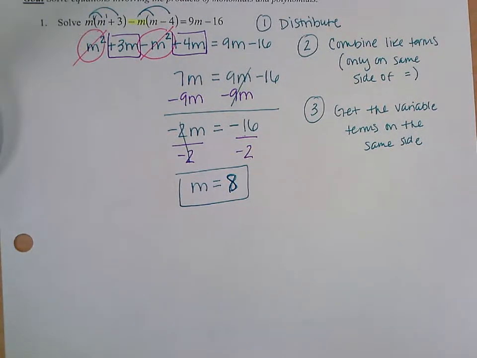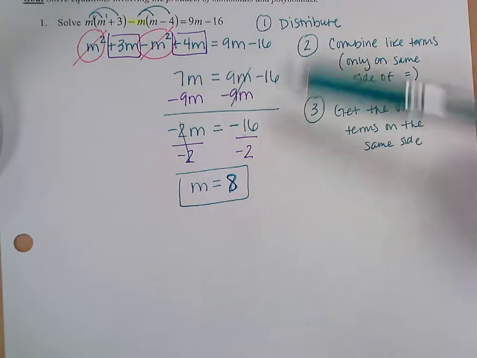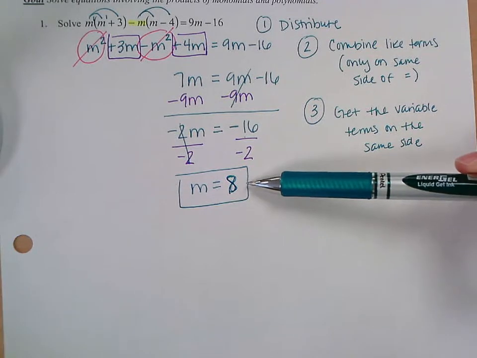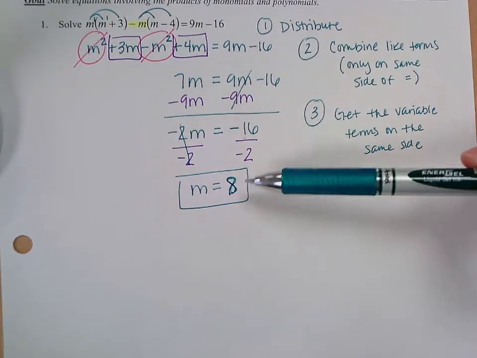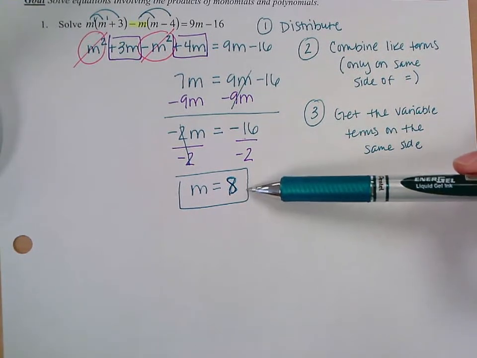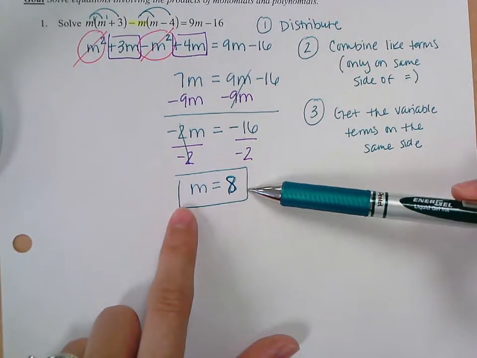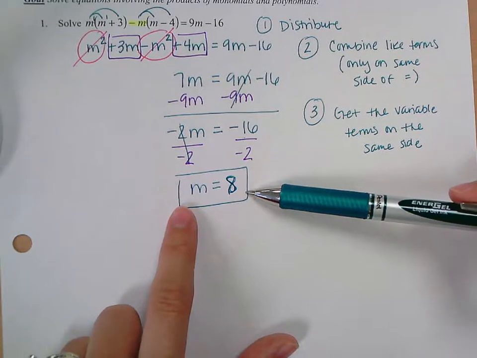Okay, questions there? Okay, remember too, anytime you have equations to solve, remember that you can always check your answers. So like on your quiz, you can check your answer and know whether or not it's correct. How do you check an answer to an equation?